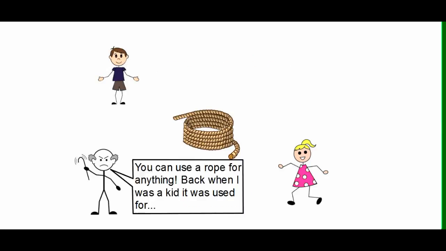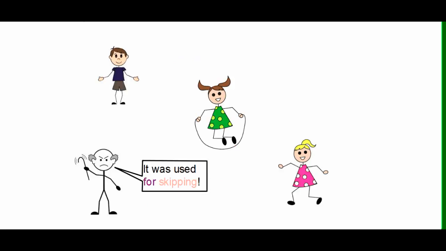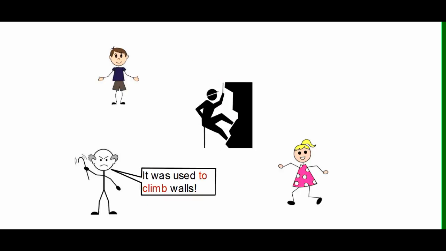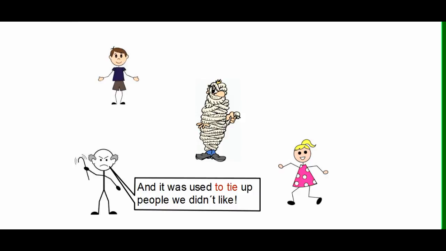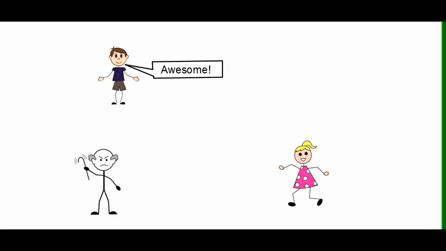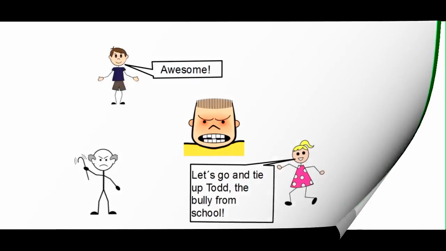What now? You can use a rope for anything. Back when I was a kid it was used for... Here we go. It was used for skipping. It was used to climb walls. It was used for acting like cowboys. And it was used to tie up people we didn't like. Awesome. Let's go and tie up Todd, the bully from school.